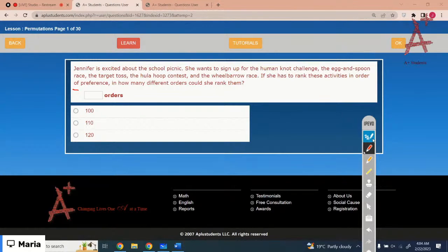So, how many games does she have? Human knot challenge 1, the egg and spoon race 2, the target toss 3, the hula hoop contest 4, and the wheelbarrow race 5. That means the total games she has is 5. Got it? So she has to calculate the total different ways. Whenever you have to calculate the total different ways, you have to calculate 5 factorial. Got it?